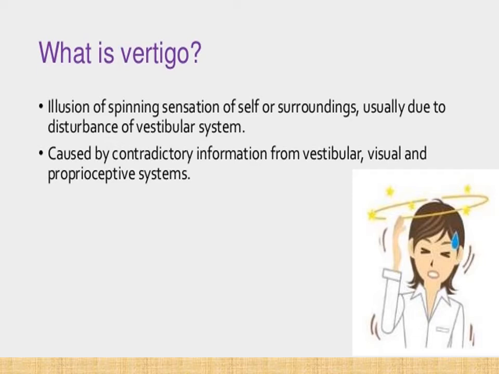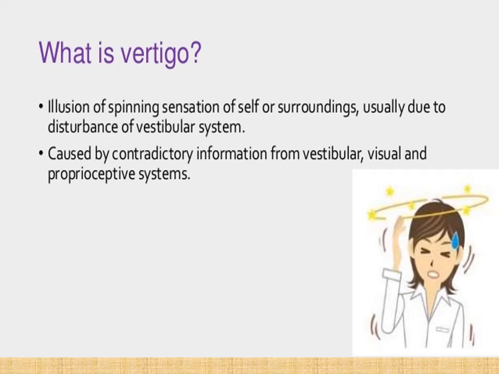The problem with the vestibular patient is they cannot always explain their complaint accurately. They say, I have dizziness. Is it disequilibrium? Is it vertigo? Is it presyncope? Is it lightheadedness? What is it?